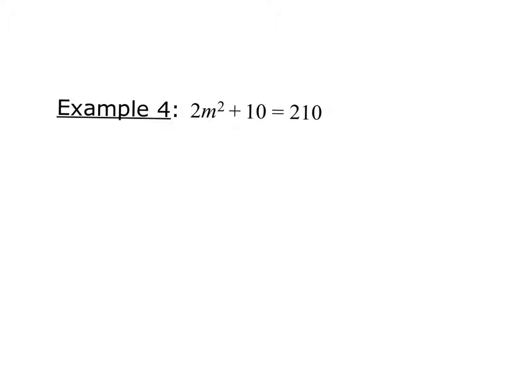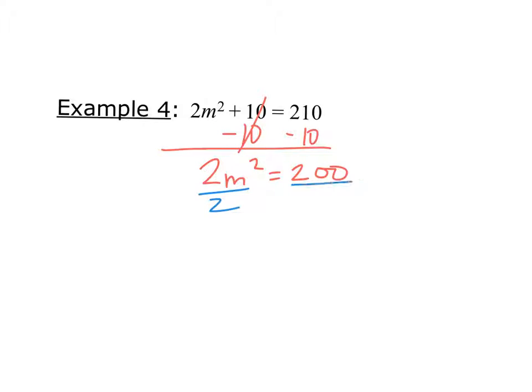All right, so what's the first thing I got to do here? Subtract 10 from both sides, right? So subtract 10 from 10, subtract 10 from 210. So that's going to give me 2m squared is 200. And then you divide by 2. Because then if we divide by 2, that gives us m squared is 100.